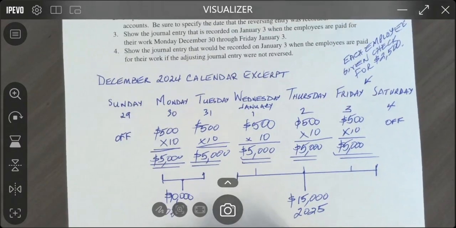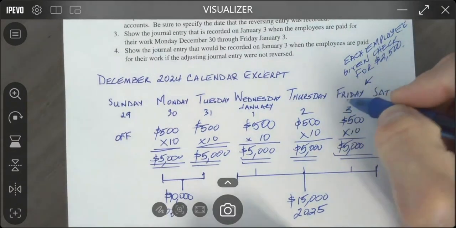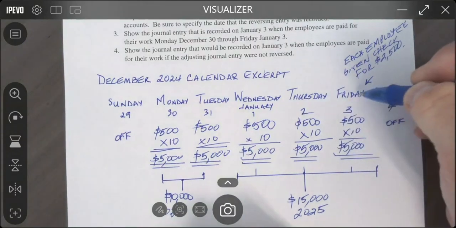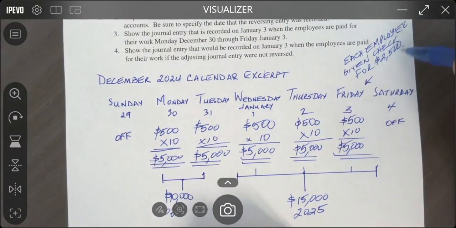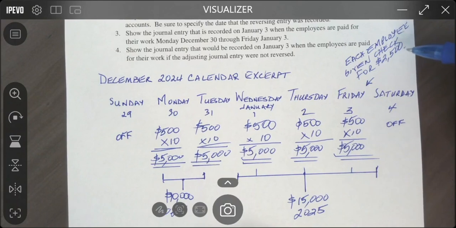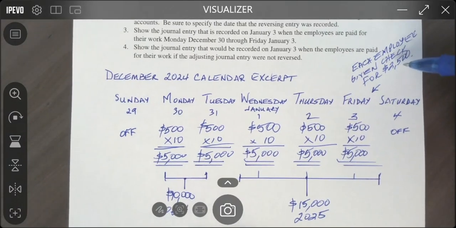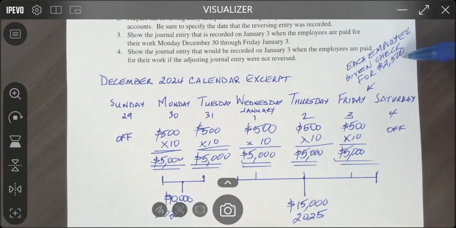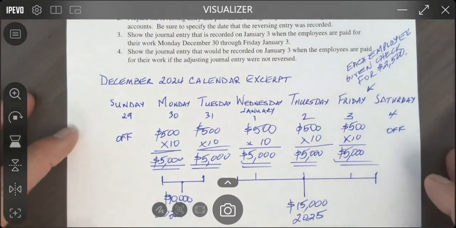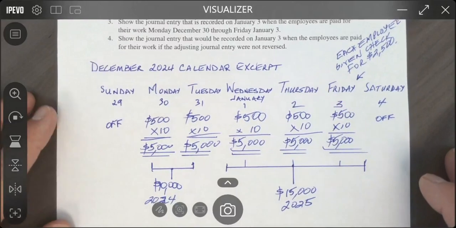Each employee was given a check on Friday for $2,500. And so we paid a total of $25,000 out of our cash account for our employees for their work that we are so grateful for the week. Okay, so give that a try and return, and I'll show you how I did it.